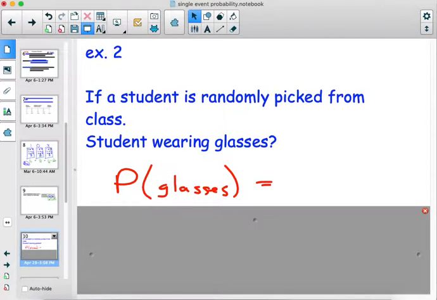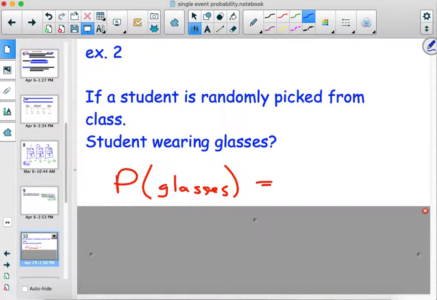Tell us the answer, Gabby. How many people are in our class? 25 kids are in here right now. Five kids wear glasses, so 5 out of 25.